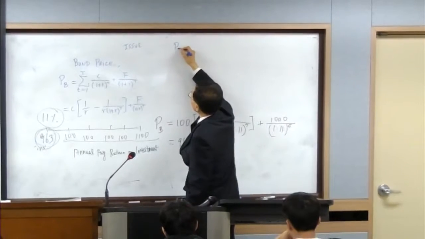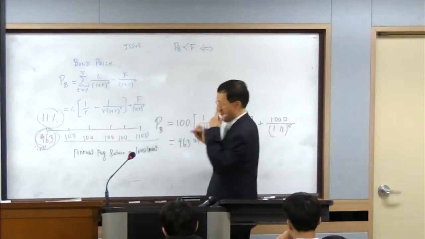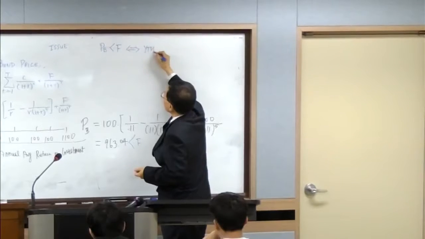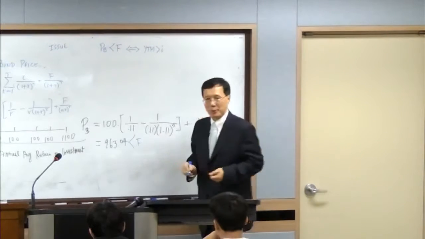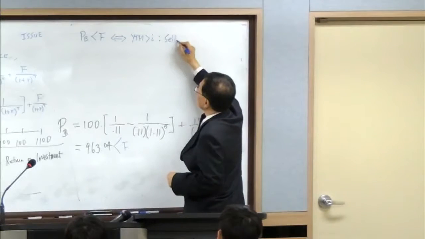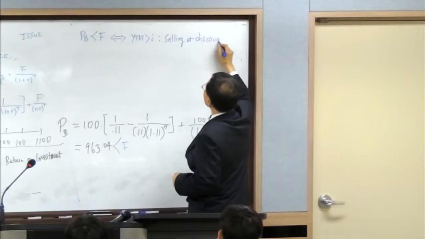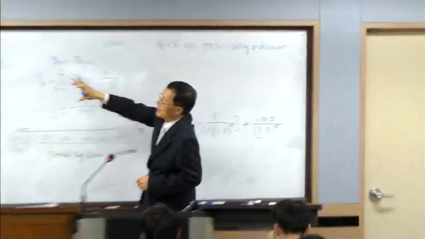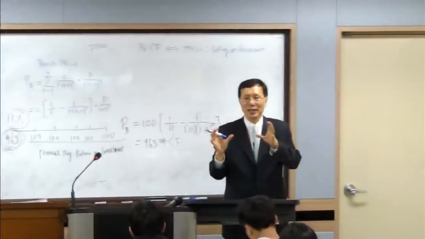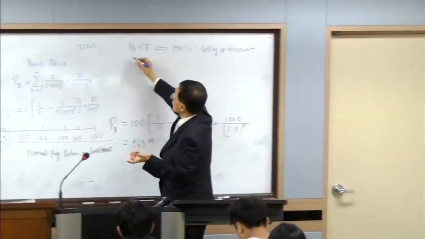And if the price is lower than the face value, it's this kind of bond. Price of the bond less than face value is always the case when YTM is greater than interest payment, coupon interest, and this kind of bond is called to be selling at discount. And that's why it's called valuing a discount bond. Its price is lower than the face value or par value. And it will become obvious in the next example.